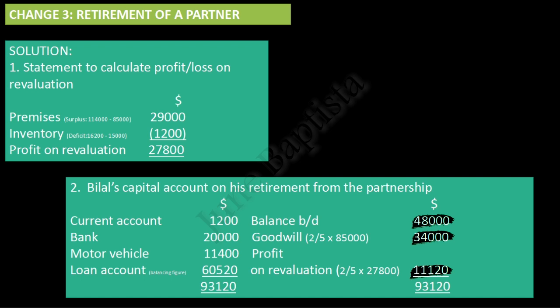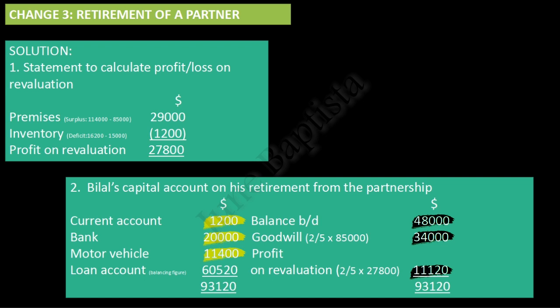Let us now go to the debit side. Bilal had a debit balance on his current account of $1,200, which is now transferred to his capital account. As was agreed, $20,000 is paid immediately to Bilal. As part of the final settlement, Bilal is entitled to retain one of the motor vehicles at a valuation of $11,400.